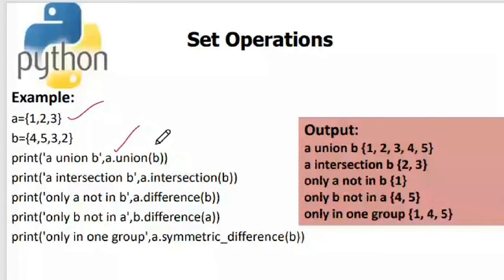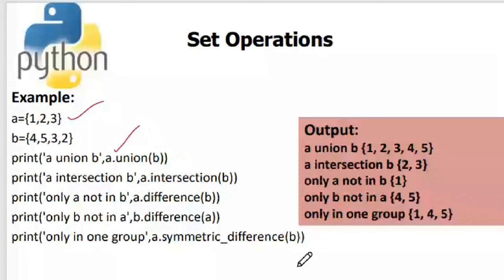Then I say A dot intersection B, and A dot difference B. This is A minus B. If I want B minus A, I say B dot difference A. If I want a symmetric difference, I say A dot symmetric underscore difference. Is it clear? Yes, ma'am.